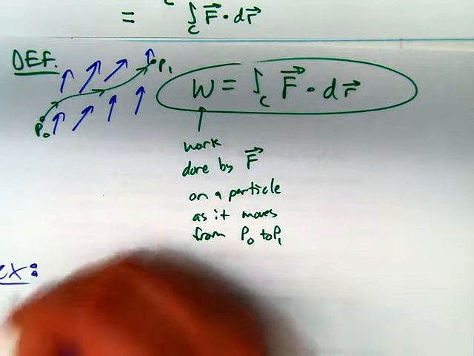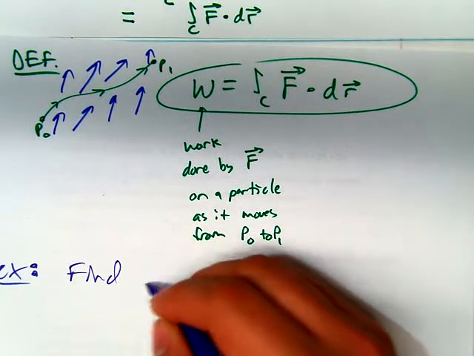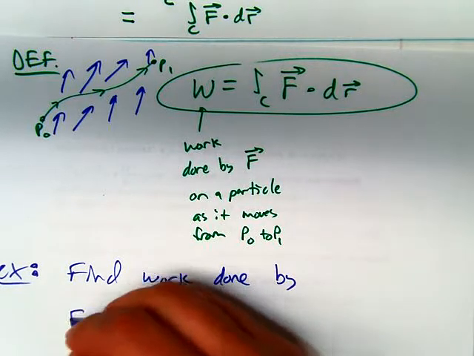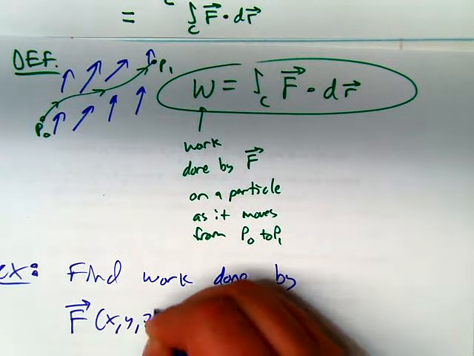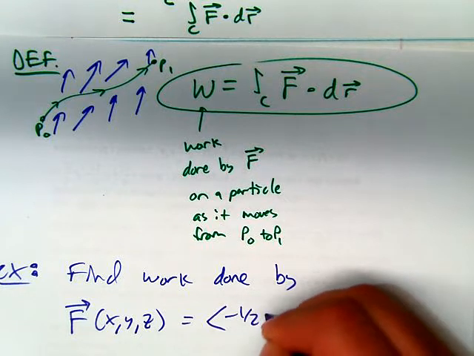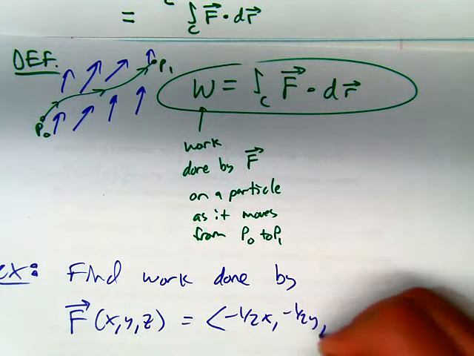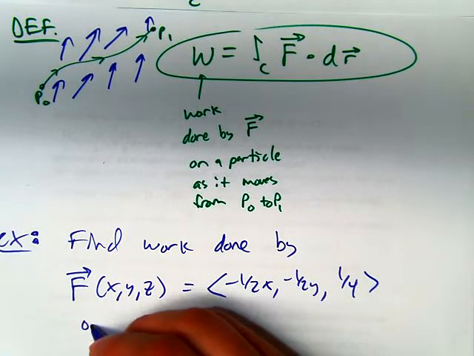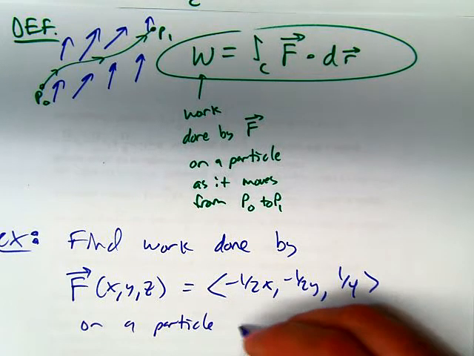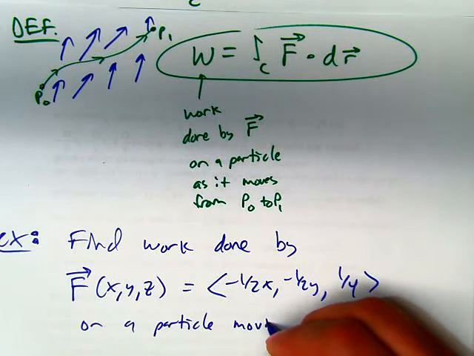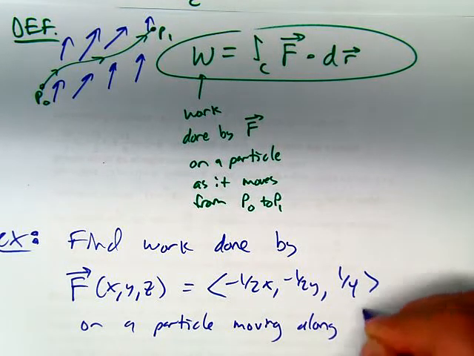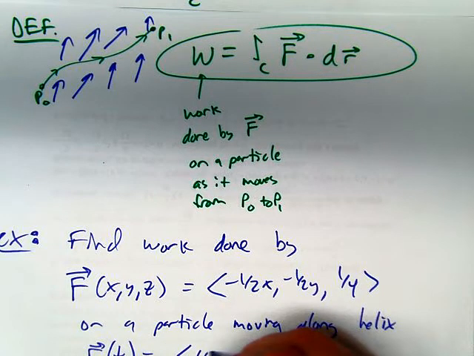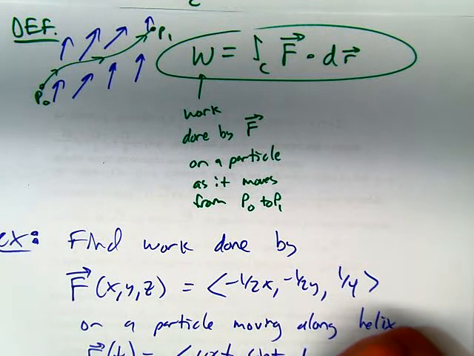Okay, so for example, let's say we want to find the work done by the force field f of x, y, z equals negative 1/2 x, negative 1/2 y, and let's say 1/4, on a particle moving along the helix r of t equals cosine t, sine t, t.